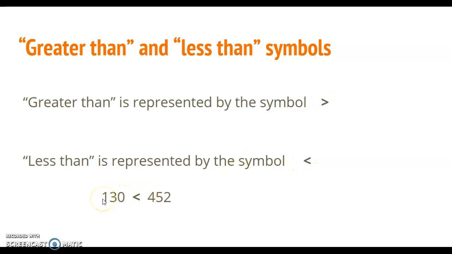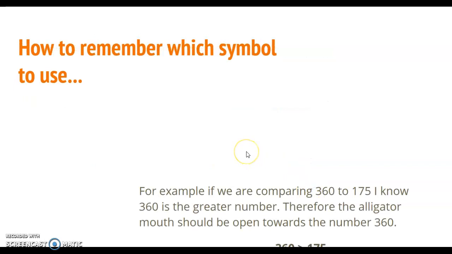So we figured out 130 was less than 452. So instead of writing in the words, I would just put the less than symbol right in between them to show 130 is less than 452.